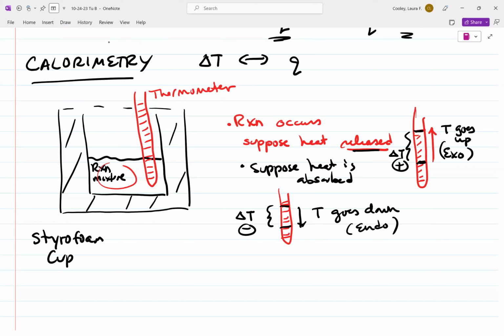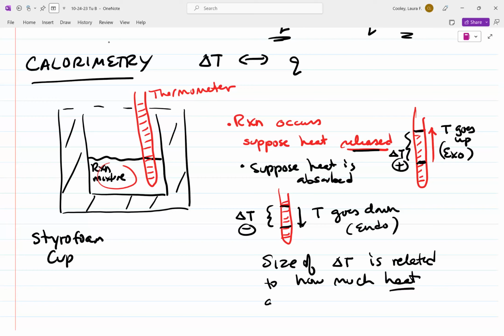But the size of the delta T is related to how much heat was absorbed or released. Okay.